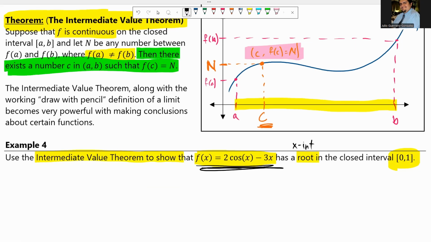So look at what I'm going to do here. Cosine of x is continuous. I gave you that in the theorem. So therefore, 2 cosine of x is continuous. Minus 3x is continuous.